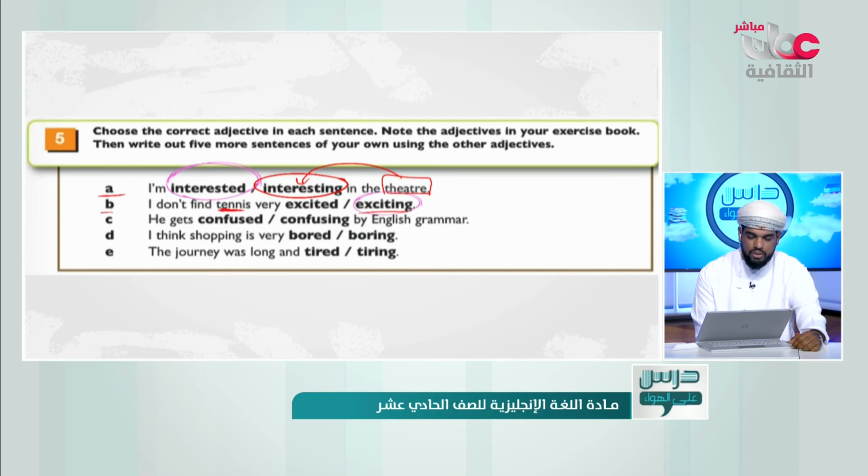We are talking about tennis, which is not exciting to this person, or for the one who finds it interesting, he will be excited. Okay? Let's go to C. He gets confused or confusing by English grammar.